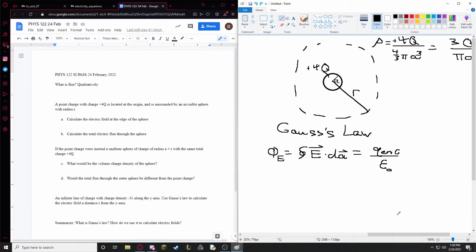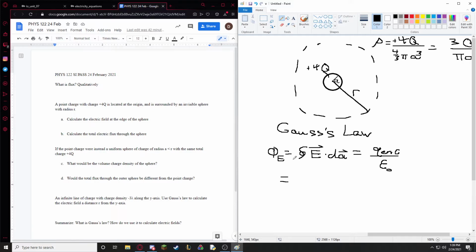So what does that mean about our flux calculation, our integral of E dot dA? You can take the E out of the integral because the electric field is constant. For the dot product, the angle is 0, so it's E times dA times cosine of 0, which is E times dA.